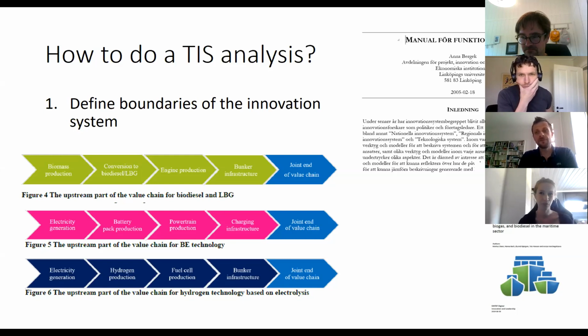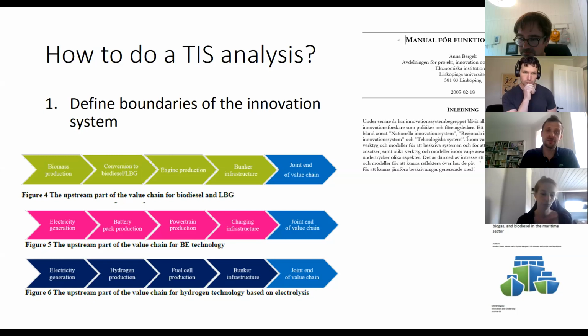You'll find also that the Utrecht version of the technological innovation systems has a manual, which in many ways is similar to the approach being developed by what we can call the West Sweden group. So the first point is to define the boundaries of the innovation system.